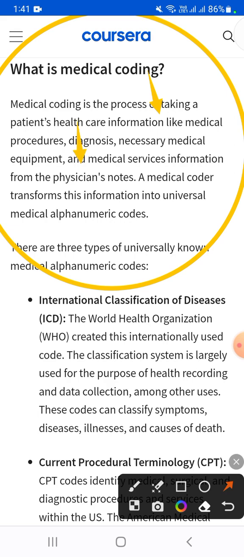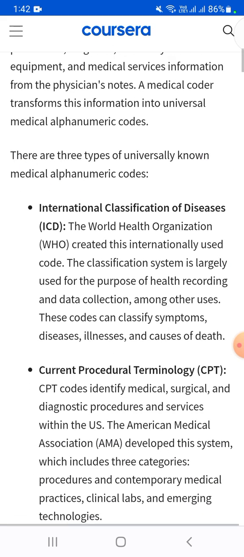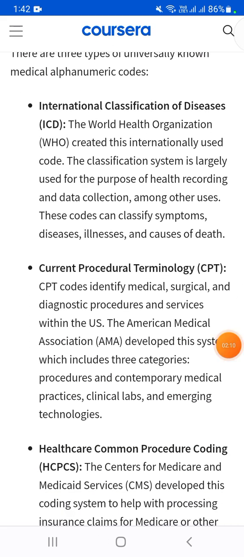A medical coder transforms all this information into universal medical alphanumeric codes. There are three types of universally known medical alphanumeric codes. We will discuss these codes.